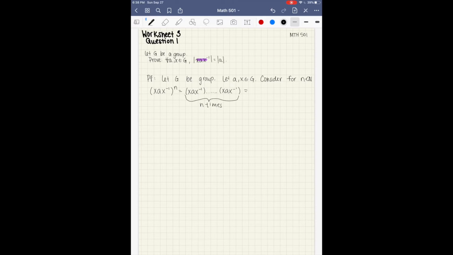So we could break this up so it looks like if you take the first one, and then we write out the next one, we can see that we have x inverse and x side by side. And we would keep on doing that n times until we got to the end.